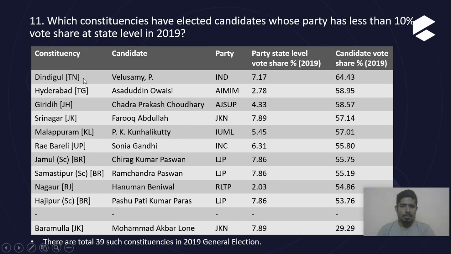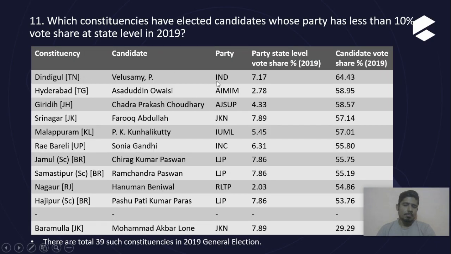Considering the very first example to understand these numbers, Dindigul constituency from the state Tamil Nadu elected a candidate named Velusamy P and gave 64.43% of the total votes of Dindigul to Velusamy. But his party, that is IND, received only 7.17% of the total votes of Tamil Nadu in the 2019 election.